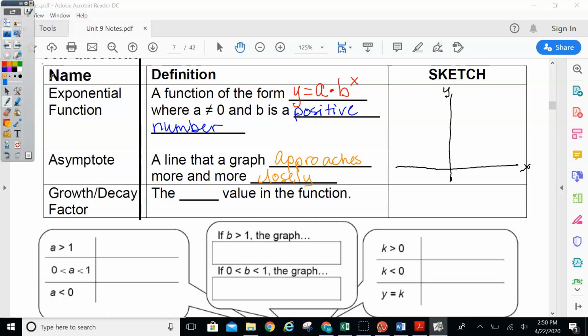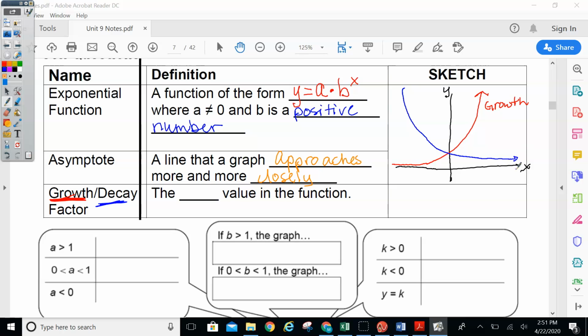Okay, so we're going to have two functions here. We're going to have a growth number. It's going to be a growth, which means it starts close to the x-axis. That's my asymptote. And then it goes up. So this one's growth. And we're also going to have a decay graph, which starts high and then decreases here.